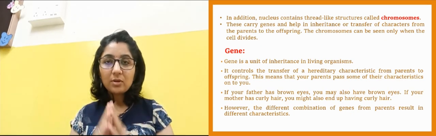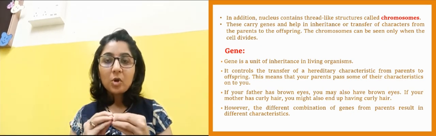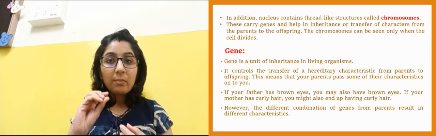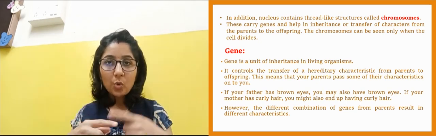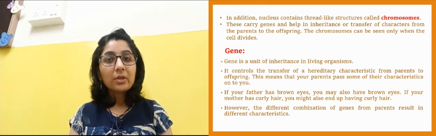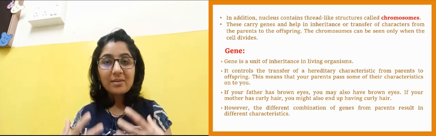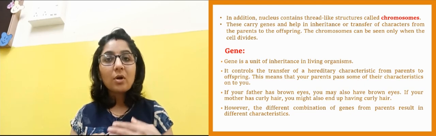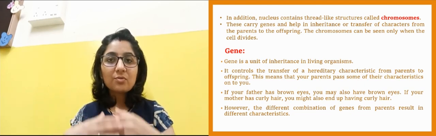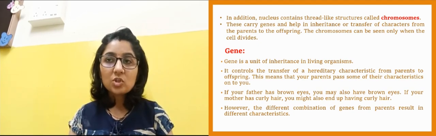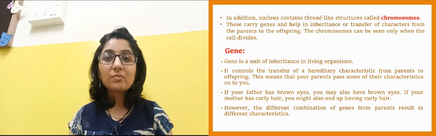Say for example, if your mother has curly hair, or if father or mother, any one of them, has brown eyes or colored eyes, any one of the offspring will have colored eyes. Or your hair resembles one of your parents, your face resembles your parents. This is what inheritance is. The characters are passed from one generation to the other, or from parent to offspring, and this is all possible only because of the genes.